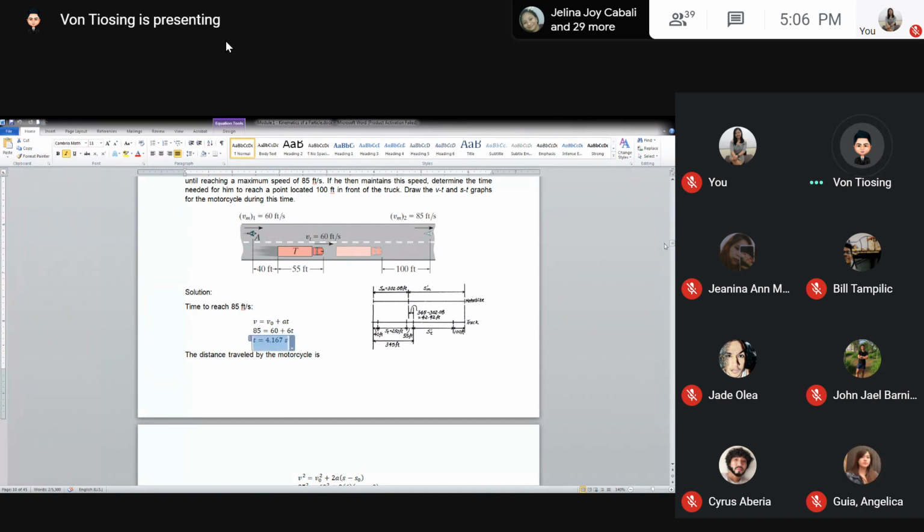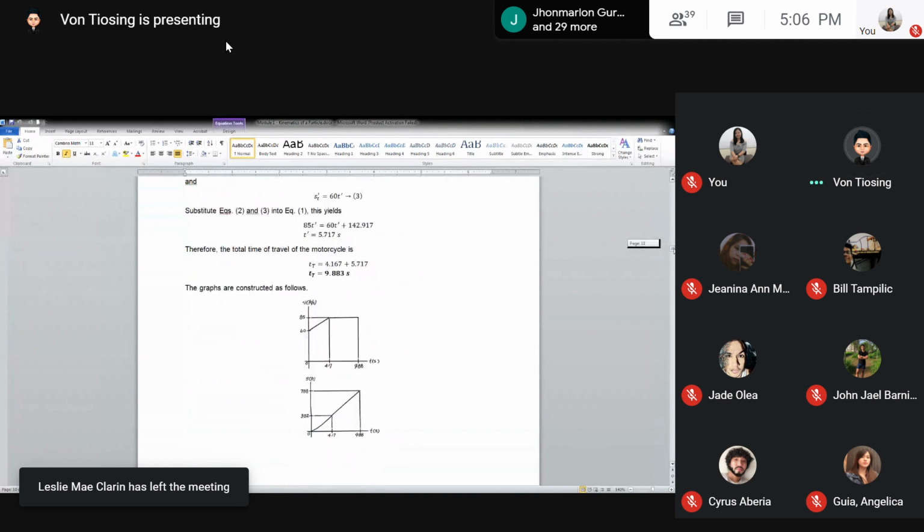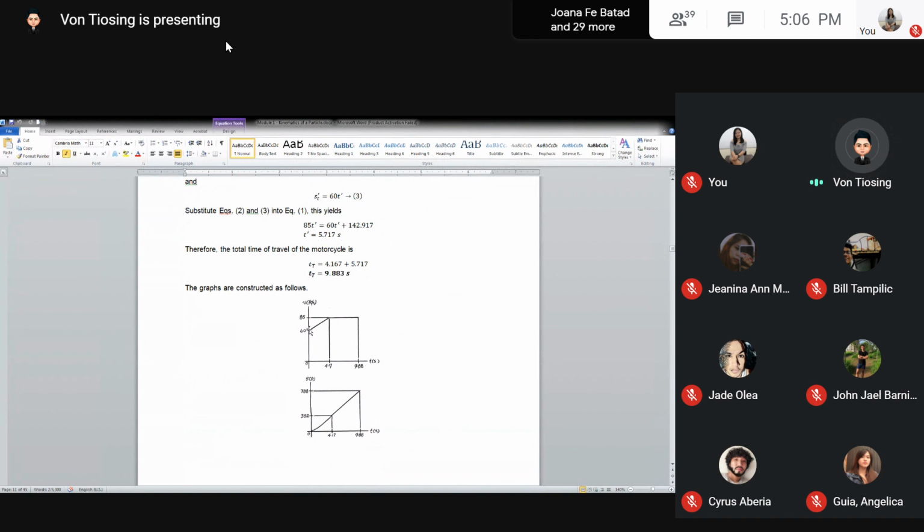So that's why we now have 2 segments, or two spans: from 0 to 4.17 seconds, and then from 4.17 seconds to 9.88 seconds.